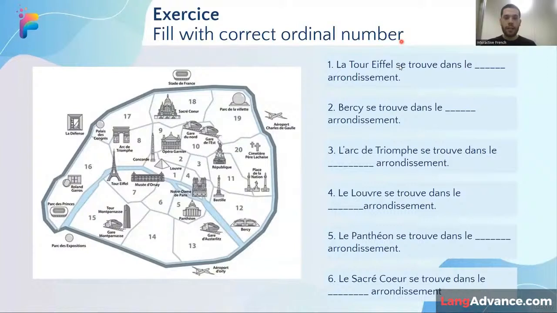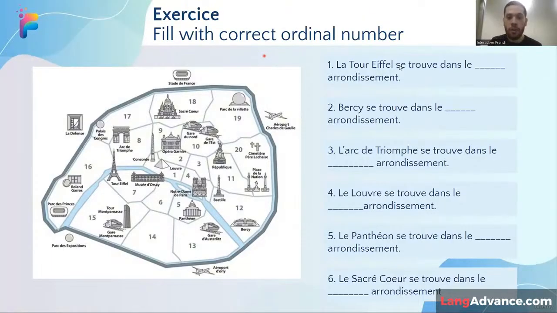Let's now look at this little exercise here. You are going to have to find the right nombre ordinal here. So as you can see here, we have a map of Paris. Paris is divided in what we call arrondissement, all right?